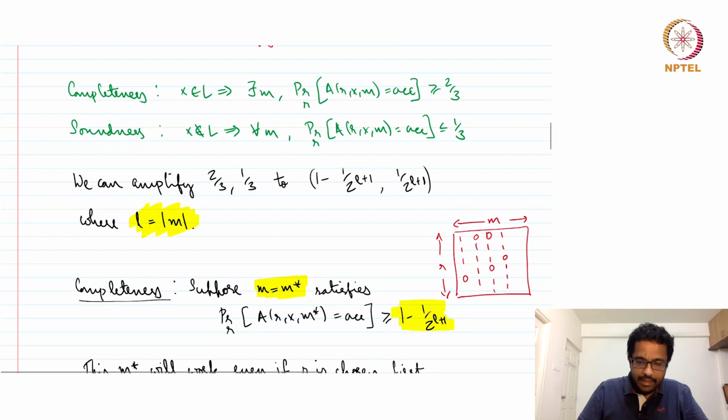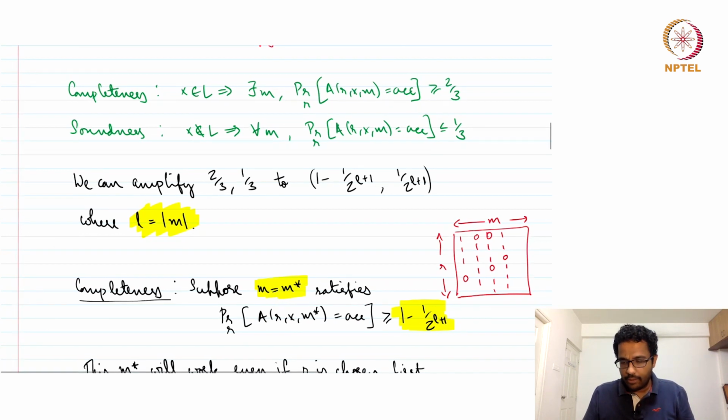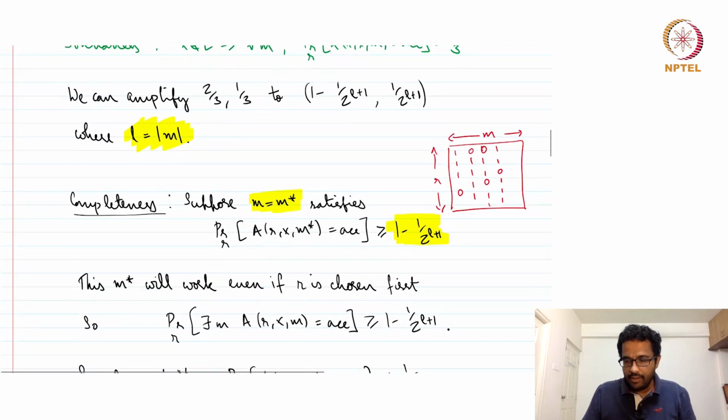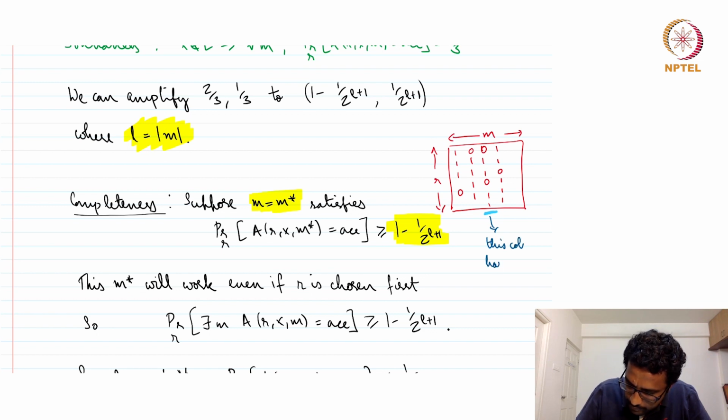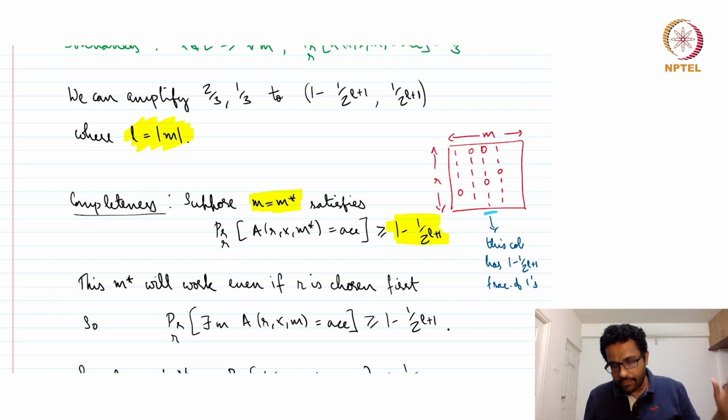Because the completeness is: there exists M such that the probability of acceptance is high. We said it is 2/3, but then we said we are going to boost it to 1 minus 1 divided by 2 power L plus 1. So this means there is a column that has 1 minus 1 by 2 power L plus 1 fraction of ones. Which means a large fraction of entries in this column are ones.